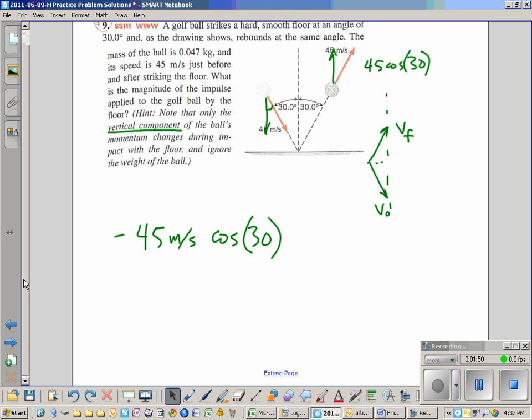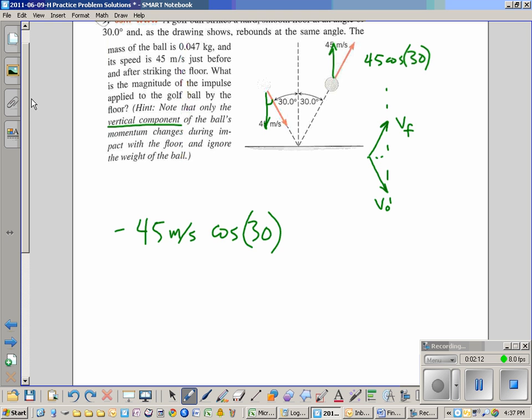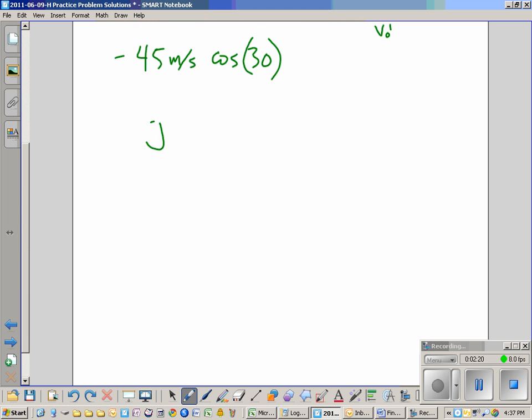So I'm just going to plug it in with some algebra. We'll run it algebraically first. We've got a mass of 0.047 kilograms and that speed. The magnitude of the impulse is just about the change in momentum. Impulse is equal to change in momentum, delta P, which is delta mv, equal to m times delta v.